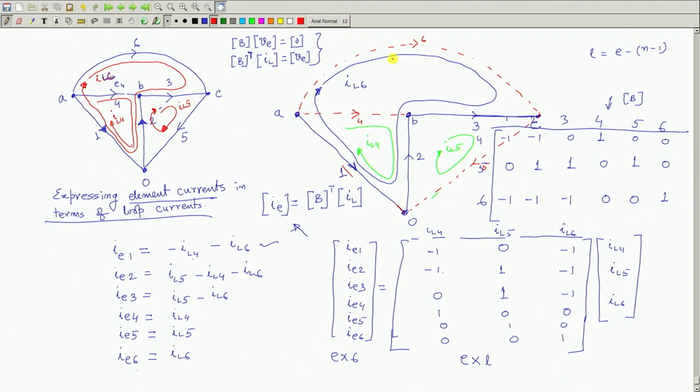Then we told you that the first equation is B into V equal to 0, which is nothing but the KVL equations in fundamental loops.